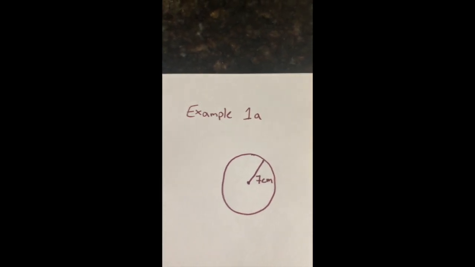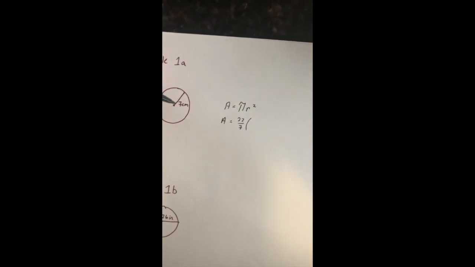All right, so we want to start with the formula, A equals pi r squared, and then we fill in what we know. So we know that pi, as it just told us, is 22/7, and we know the radius, as you can see right here, that is the radius.